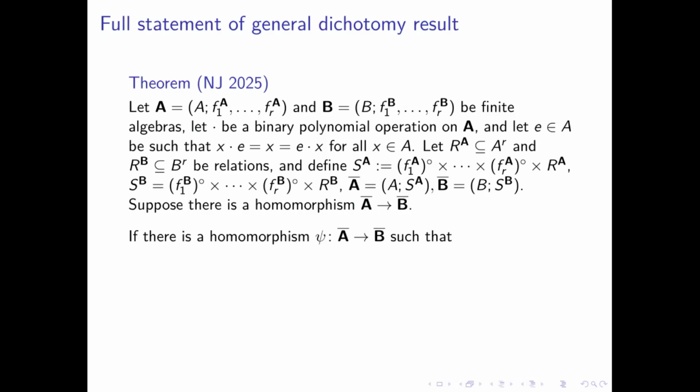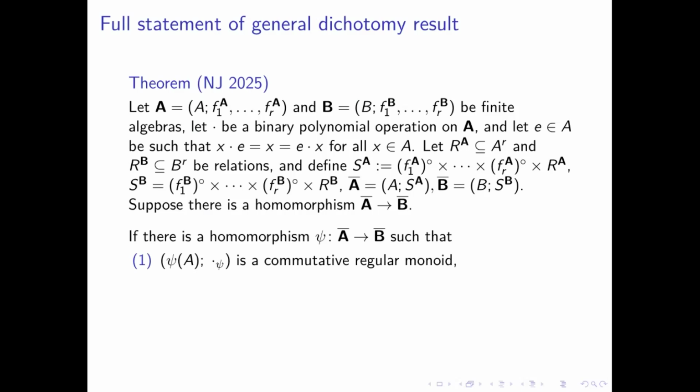And the criteria here for when PCSP A bar B bar is in P is if there is a nice homomorphism psi, so it has to satisfy some conditions. The image of A under this homomorphism with the induced binary polynomial operation is going to have to be a commutative regular monoid, or commutative monoid, which is a union of subgroups.